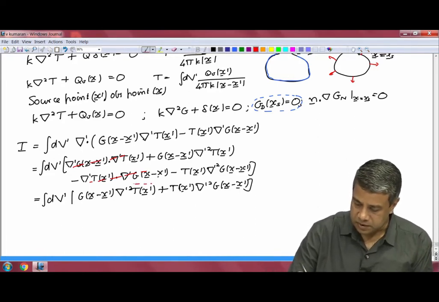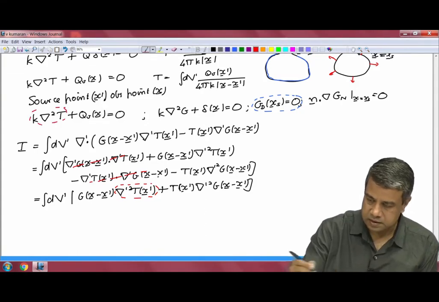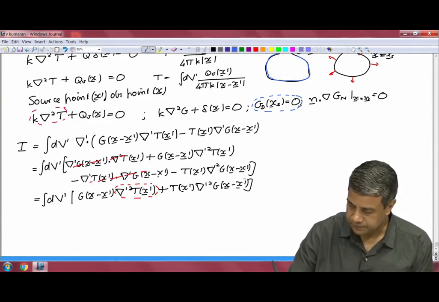and for these two terms, I substitute from these governing equations.